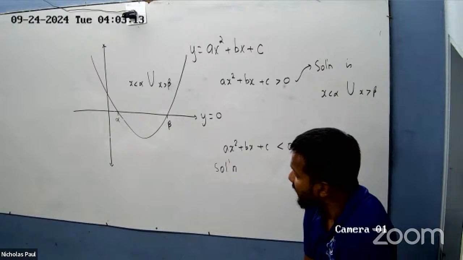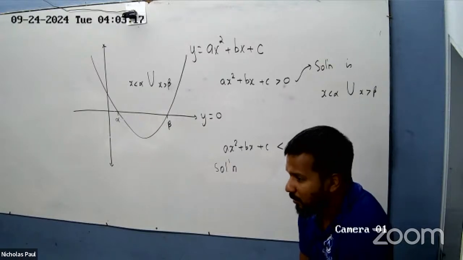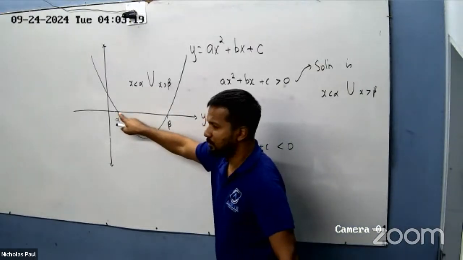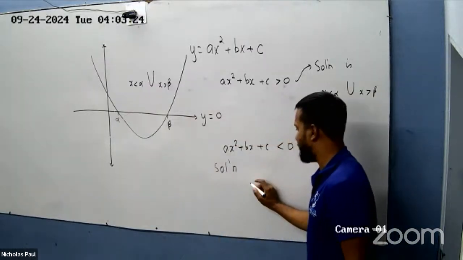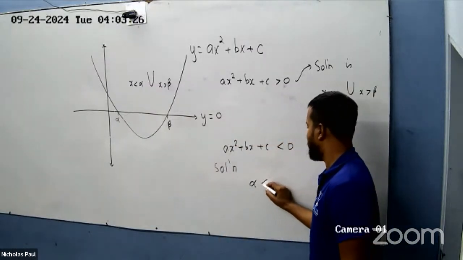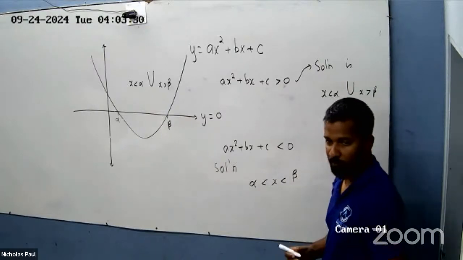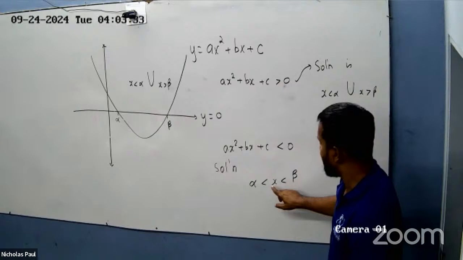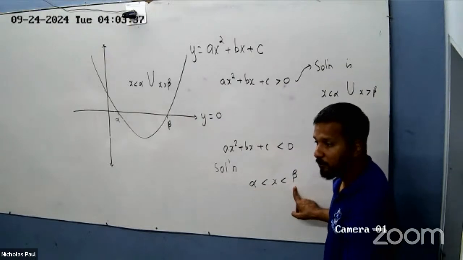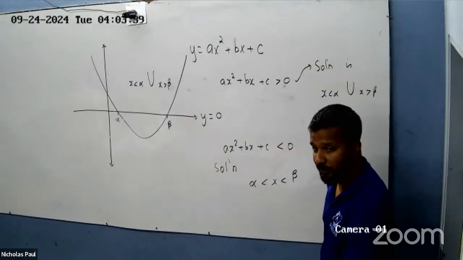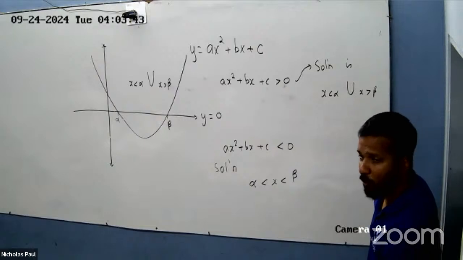X is more than alpha, and all the values less than beta. Can I write it like this? All the values more than alpha and less than beta. That's okay. So this is how you solve the inequality.